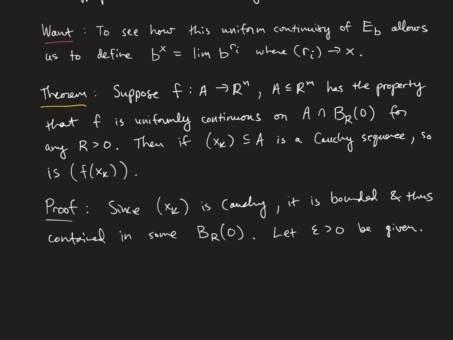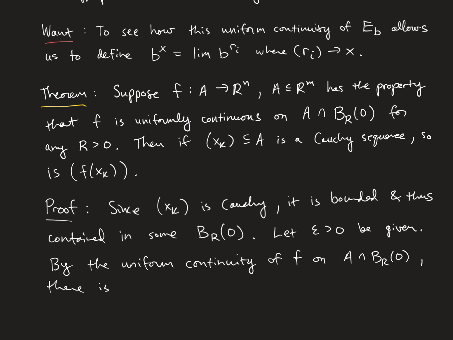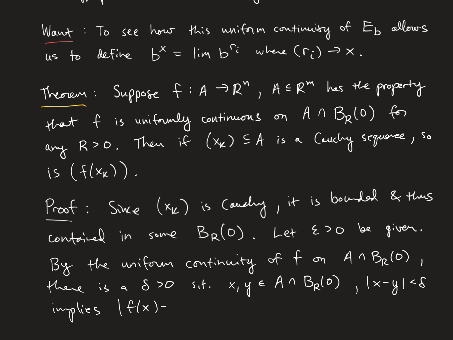With this epsilon given, by the uniform continuity of f on A intersect this ball, there is a delta such that x and y being in the ball and in A and within delta of each other implies that the images are within epsilon of each other.